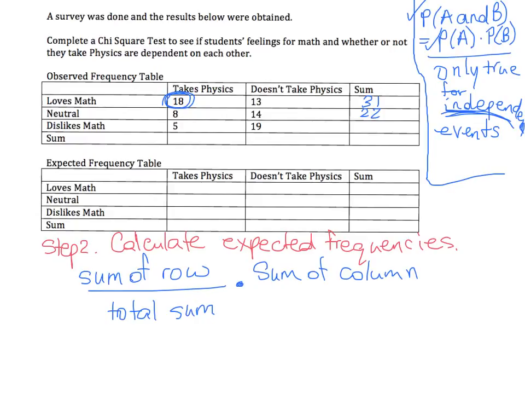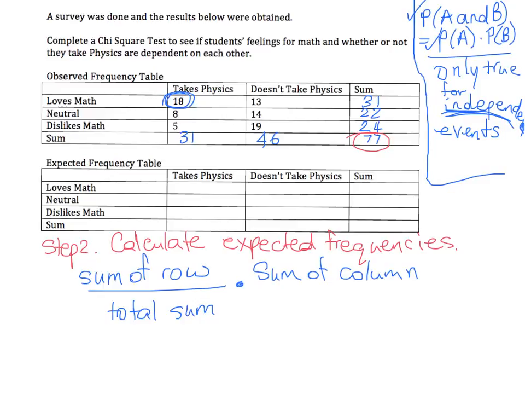The sum of 5 and 19 should be 24. The sum of all three of those, the total sum, let's put a circle around that one because it's super important, is 77. The sum of the first column is 31, and the sum of the second column is 46.